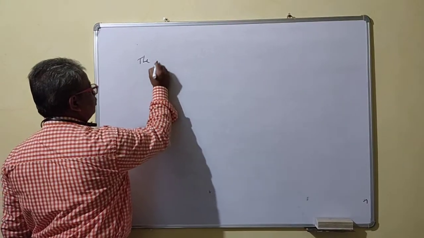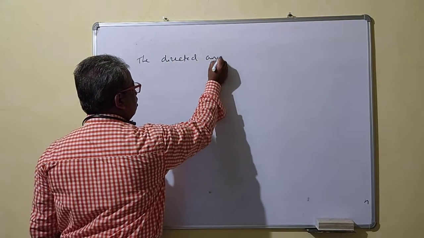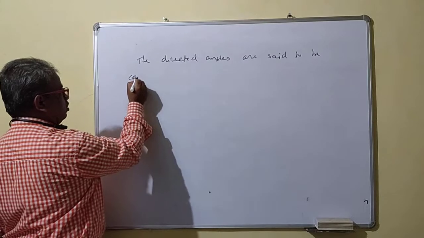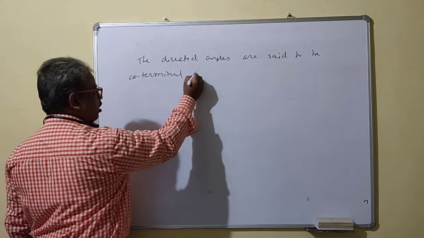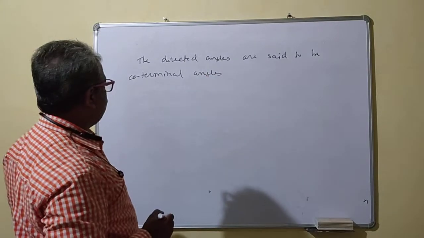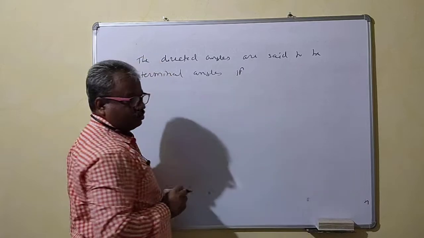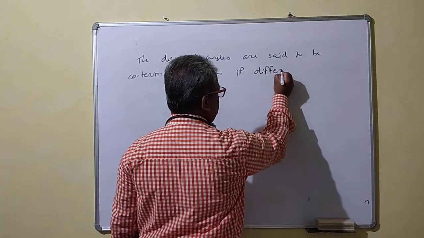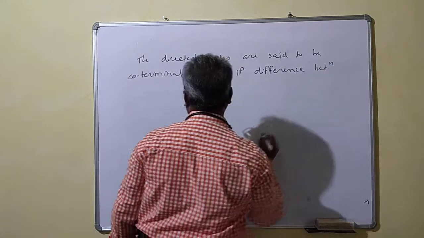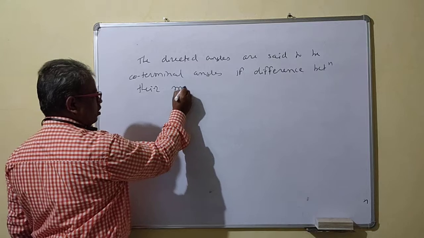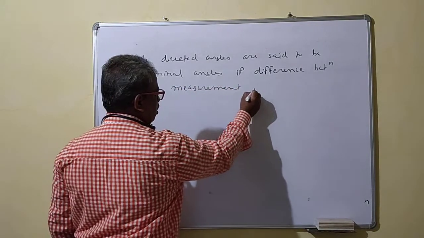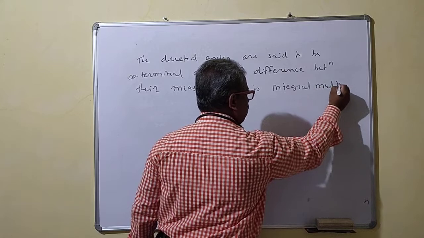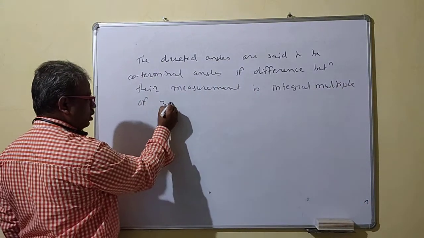The directed angles are said to be coterminal angles if the difference between their measurements is an integral multiple of 360 degree.